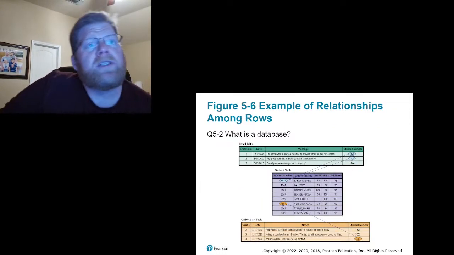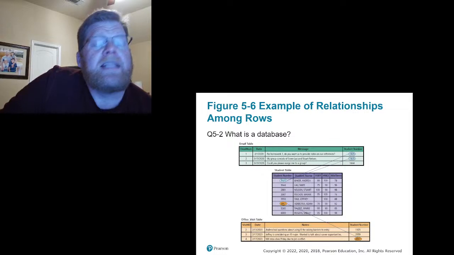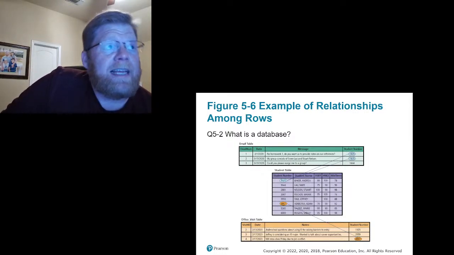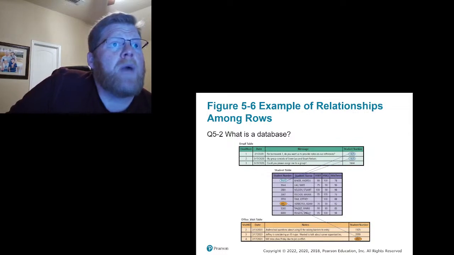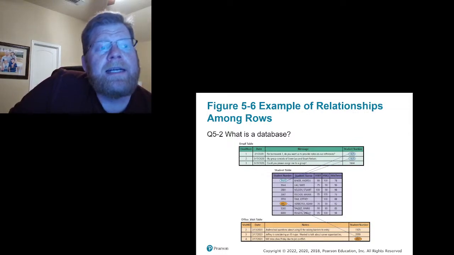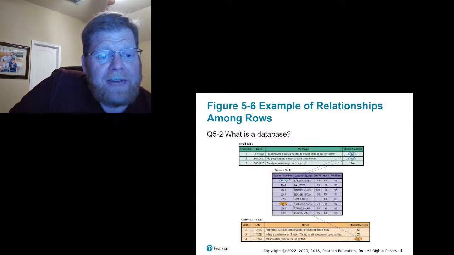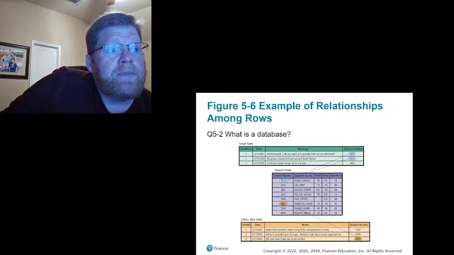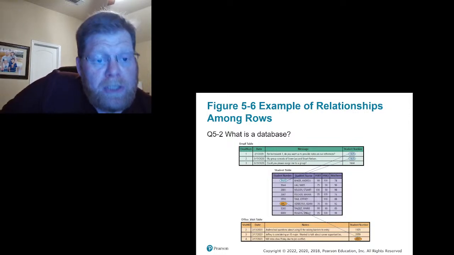Here's a pictorial representation of that. So these are showing you what a key is. Now, they're not explaining that it's a key, but they're showing you how you are utilizing unique identifiers in the student table. They're showing you that student number is a unique identifier per student.